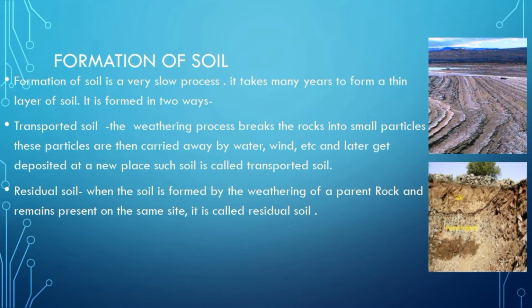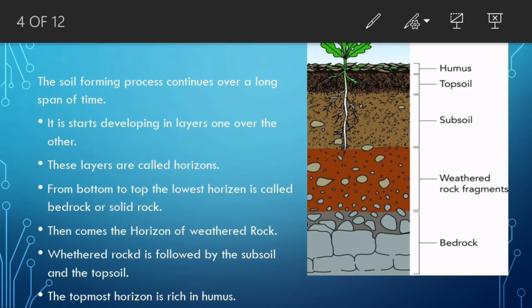So residual soil is formed by the weathering of a parent rock and remains present on the same site. This residual soil does not get transported to any other place, but it remains on the same site, same place. Such type of soil is called residual soil.